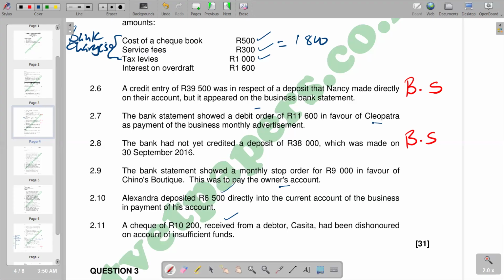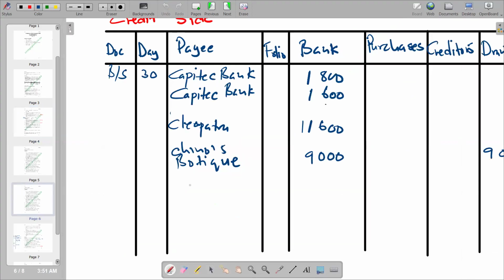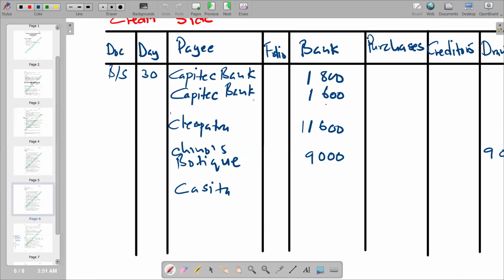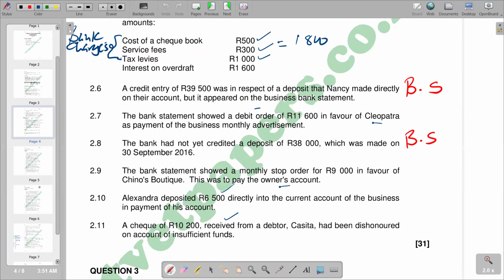So in this case, it was received, so we are supposed to go to the credit side with 10,200, and we see that it was received cash payments. And if you refer back, you would see that this was from a debtor. So on the description, we're going to say debtors control. That is when we go to the sundry account section, but the amount that we have is 10,200.